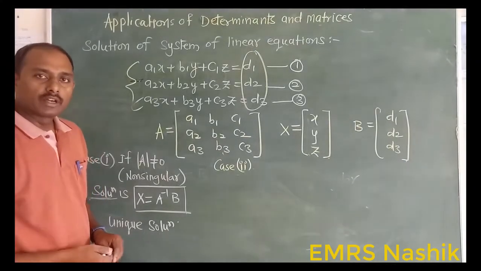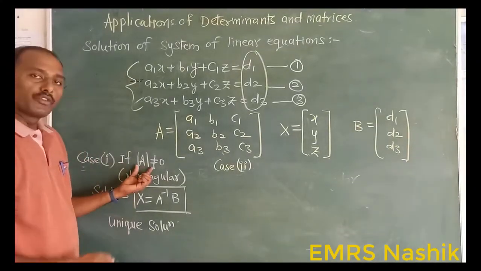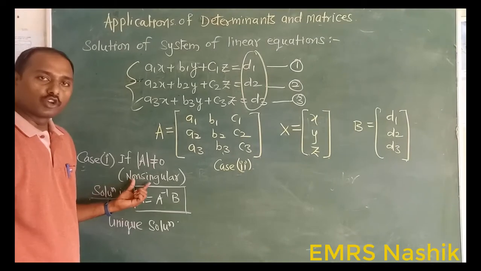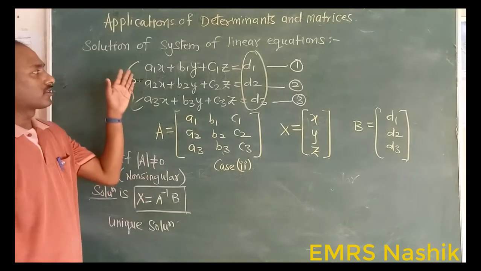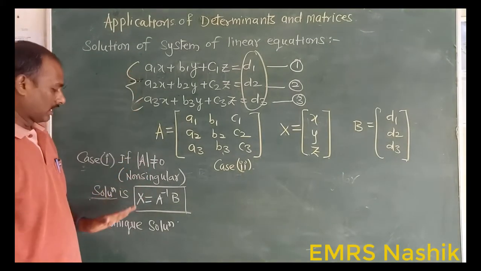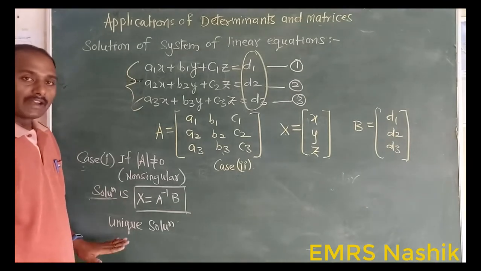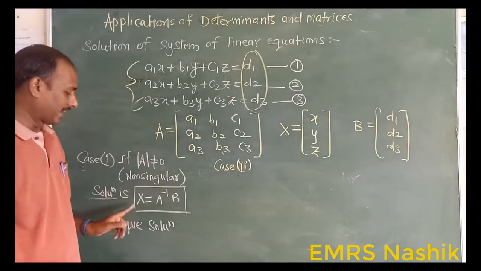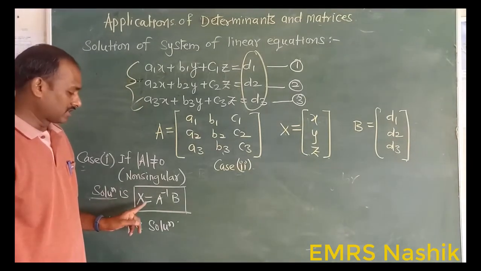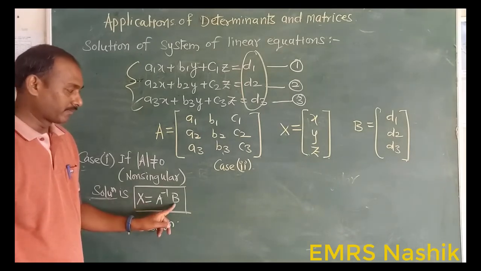So what we learned here is that if the coefficient matrix is a non-singular matrix, then this system has a unique solution, and this unique solution is obtained by X is equal to A inverse B.